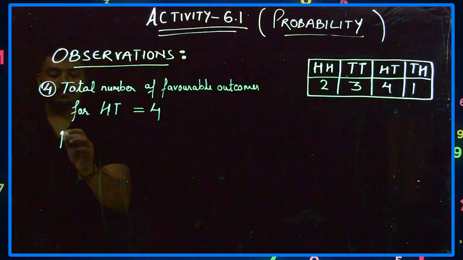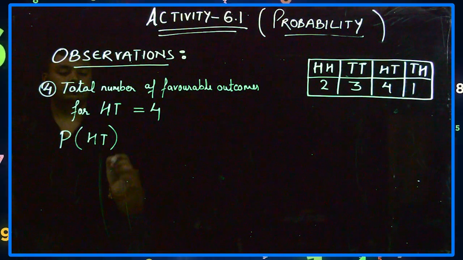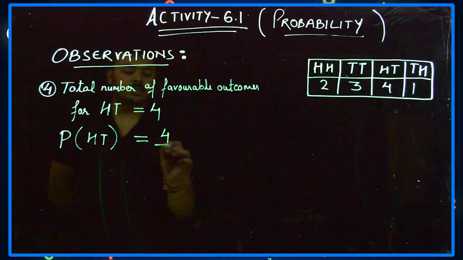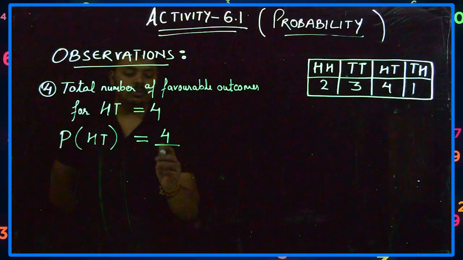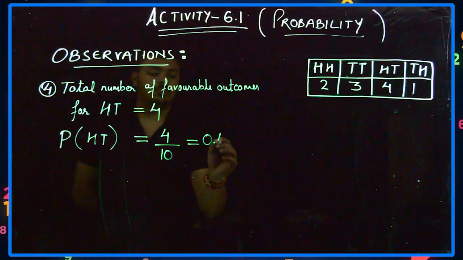So the probability of getting head tail is equal to 4, that is favorable outcomes, upon total number of outcomes, that is 10, equals 0.4.